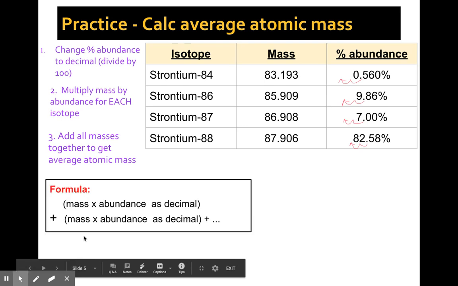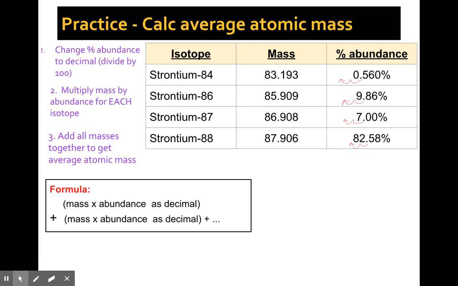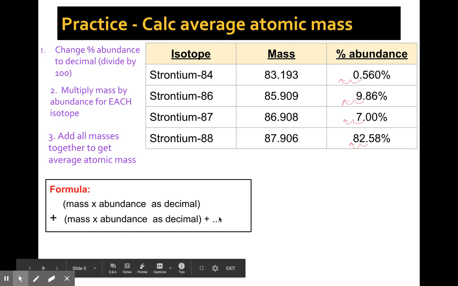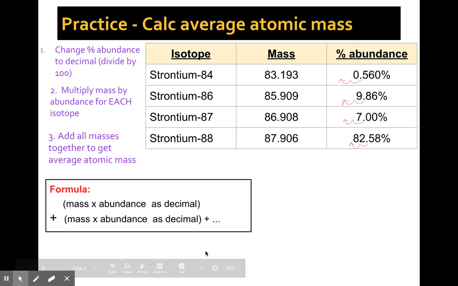All right, so here's a skeleton formula for each isotope separately. You take your mass times the abundance as a decimal. You do that for each isotope. So for this example, we would have 4 separate calculations, and in the end, you add them all together. Whoops, sorry, I have 2 addition signs. But once you get all 4, you add them together.